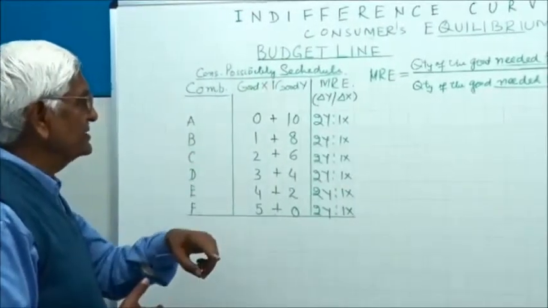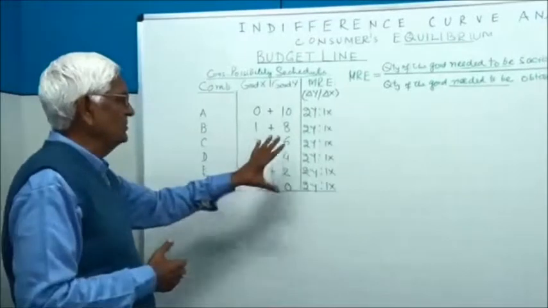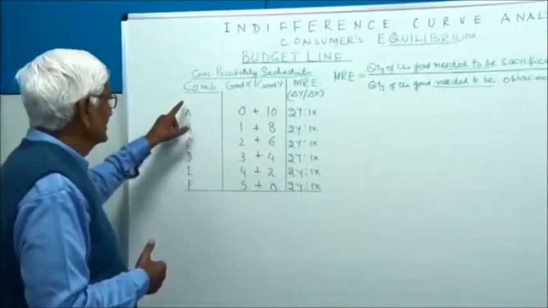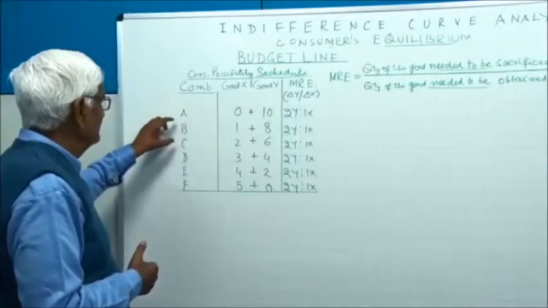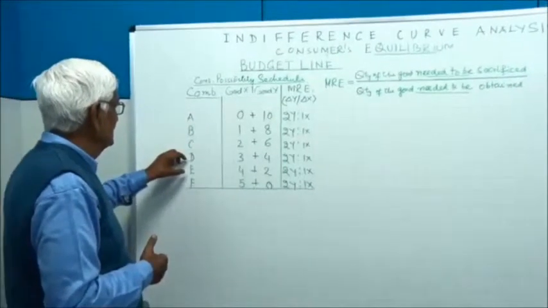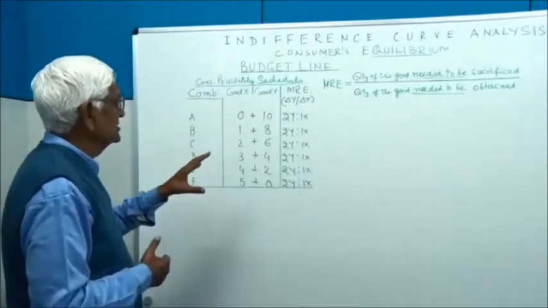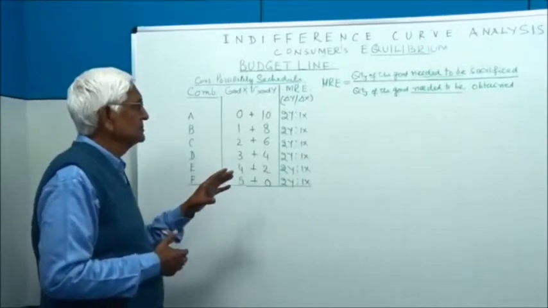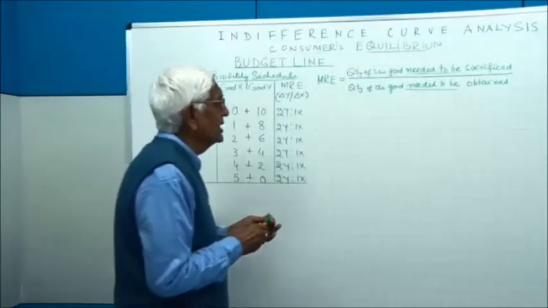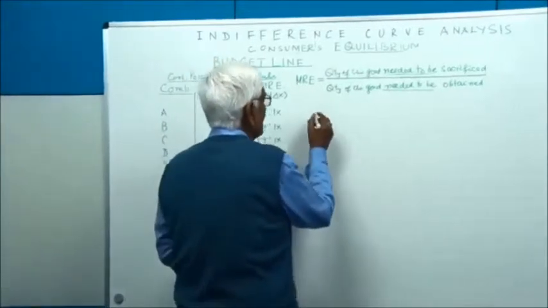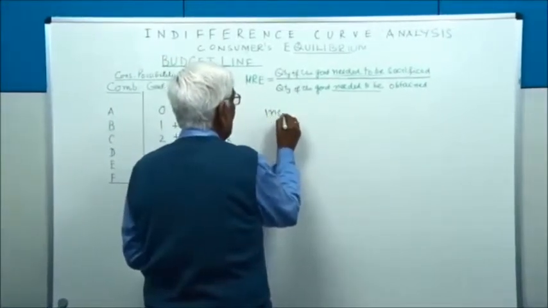Just like in indifference curve, we also have 4 columns, A, B, and we have 6 combinations. These combinations, I have just told you, are based on income.